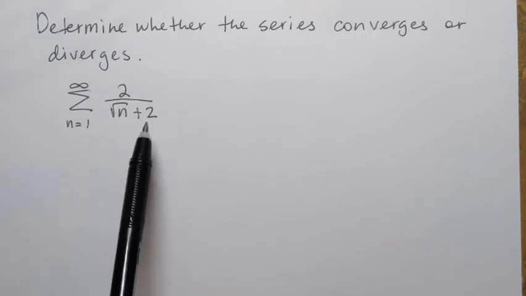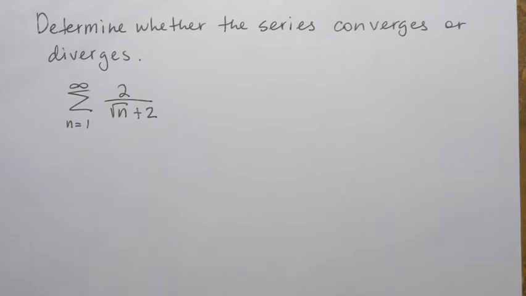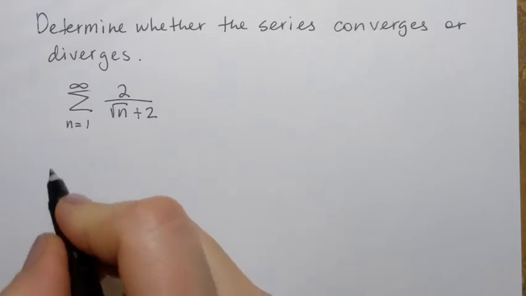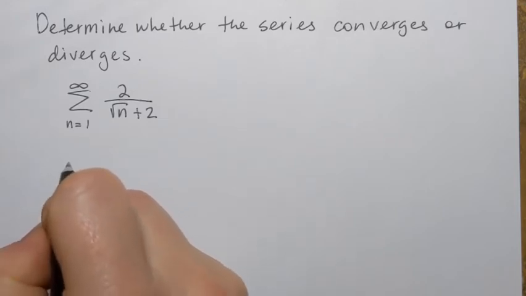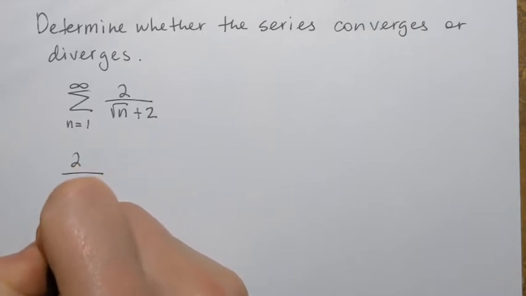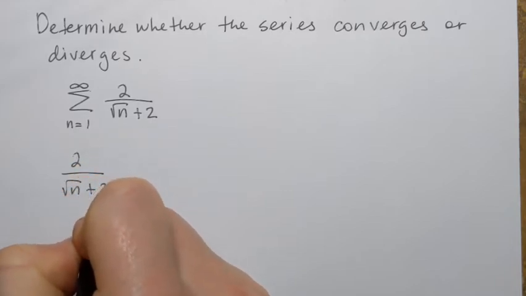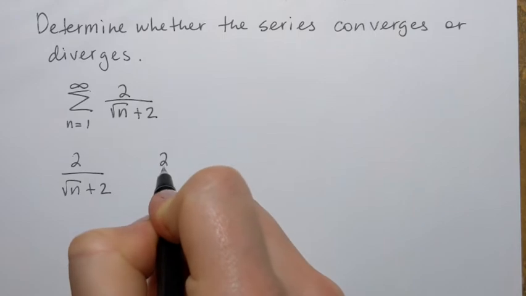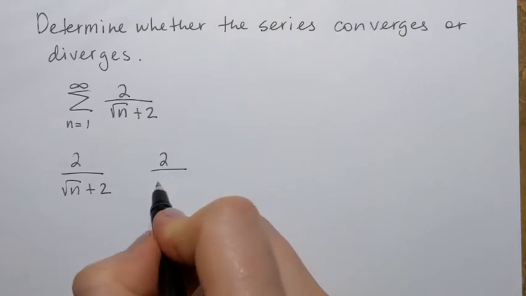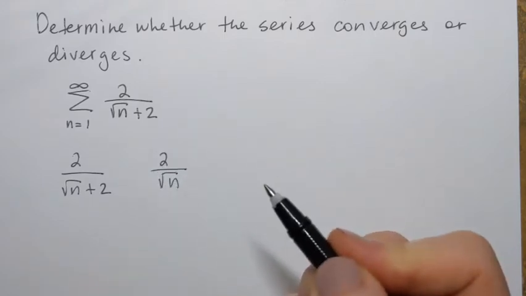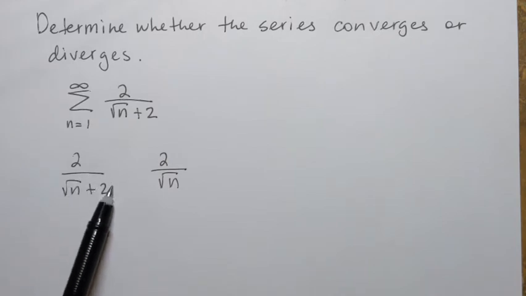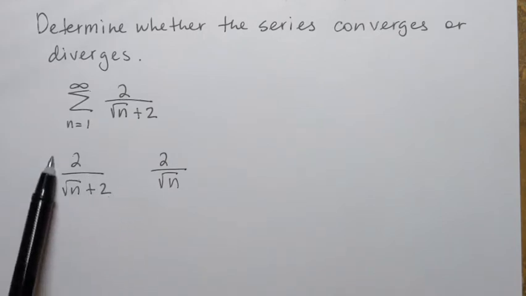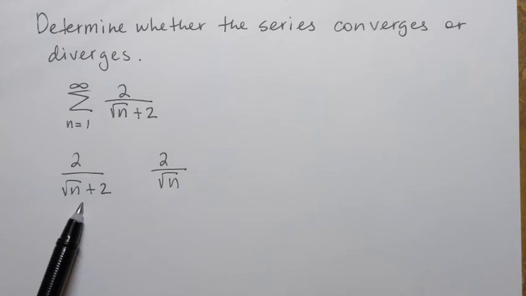If I attempt the comparison test, then the obvious series that I can use to compare my series to is going to be the p series. First I'm going to write down the general term of my series, and then I will compare it to the following general term, 2 over square root of n. Well, I can see that this denominator is larger, which means that the overall fraction is smaller, right?